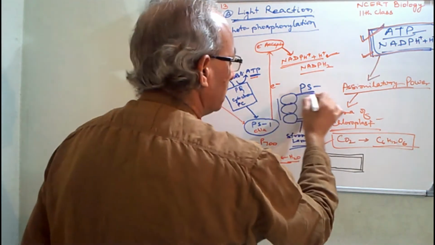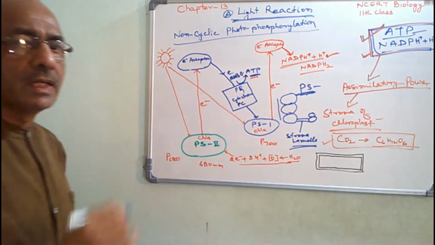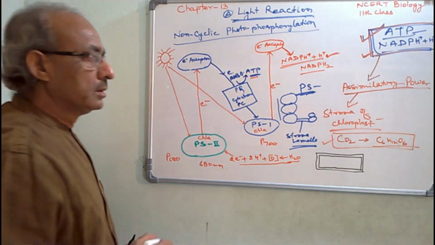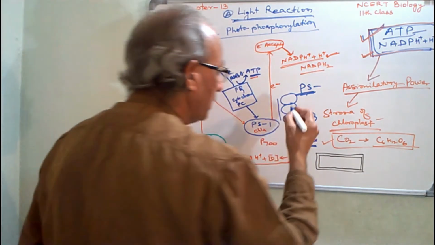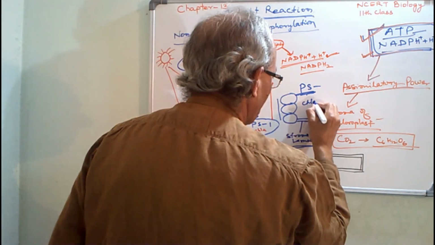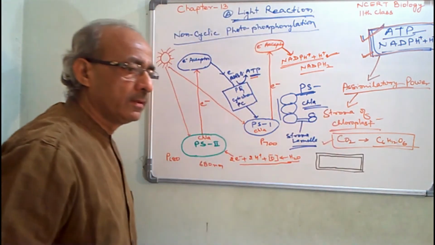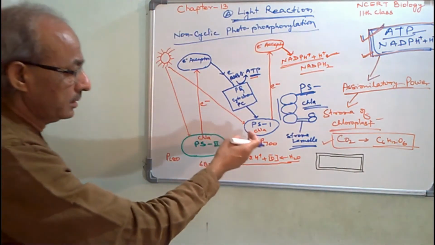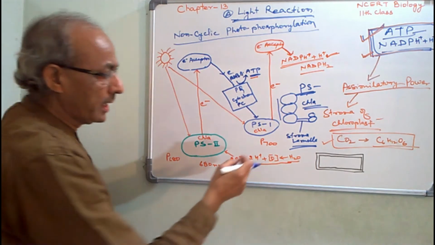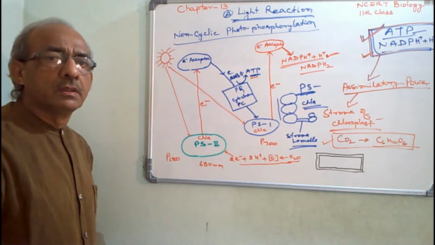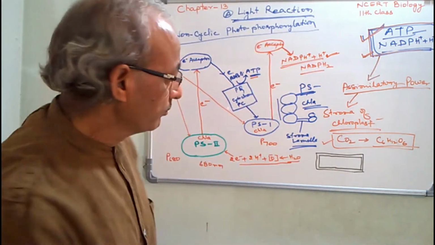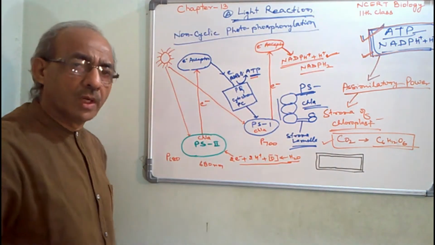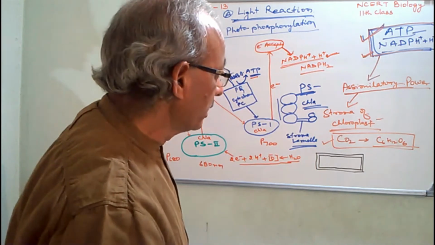That means on stroma lamellae, the reaction center chlorophyll A of the photosystem only absorbs the red light having 700 nanometer wavelength at maximum point.